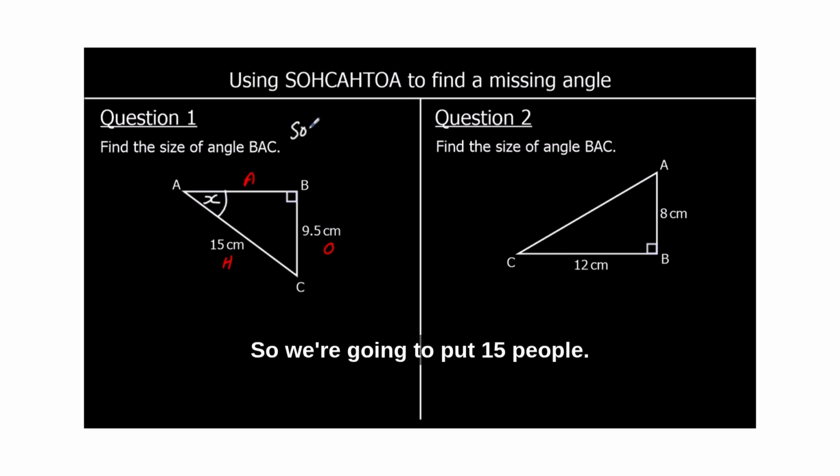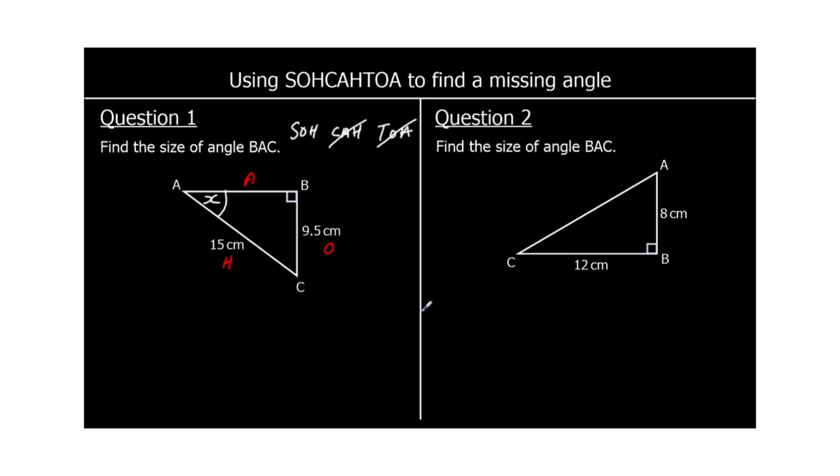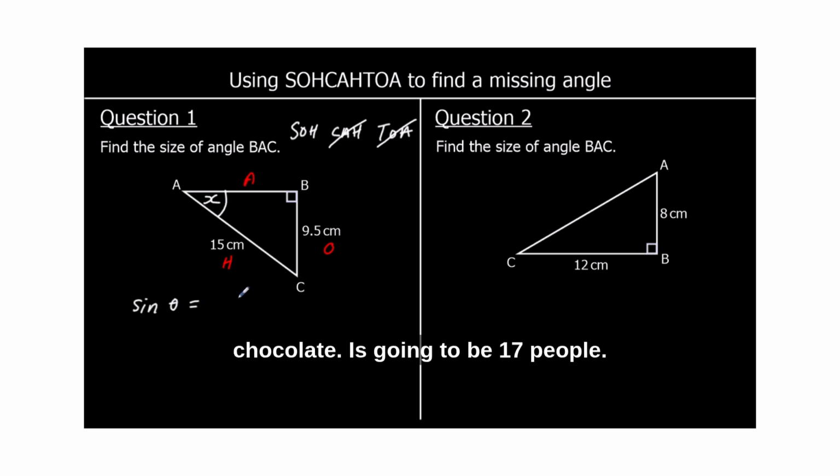So which ratio will we be using? So we want O and H, we don't want A, so it's SOH, we're using sine. So sine theta is O over H.